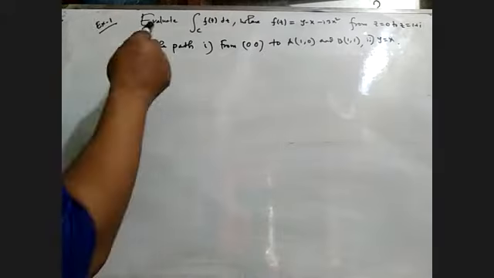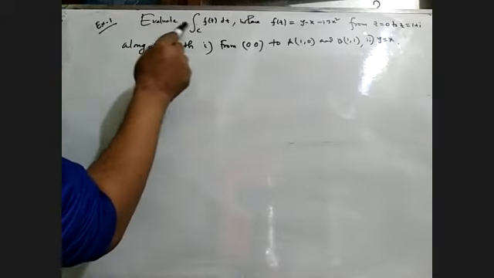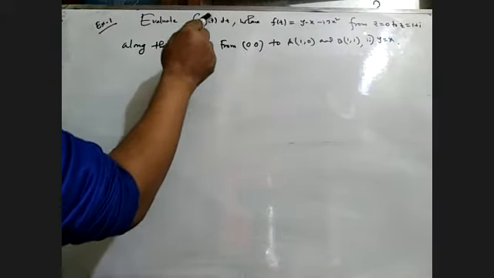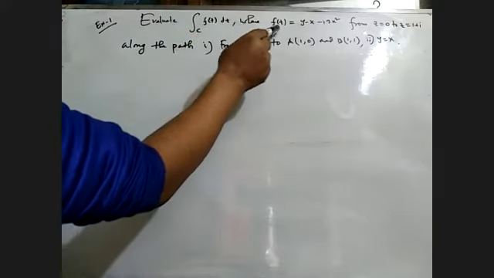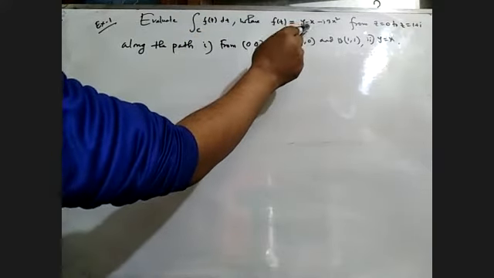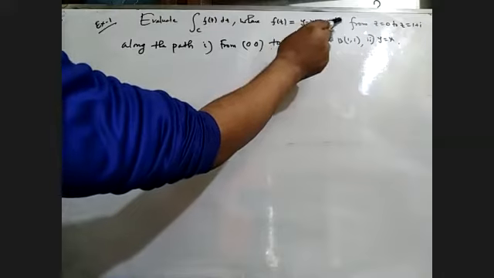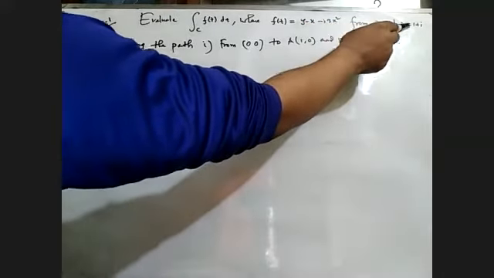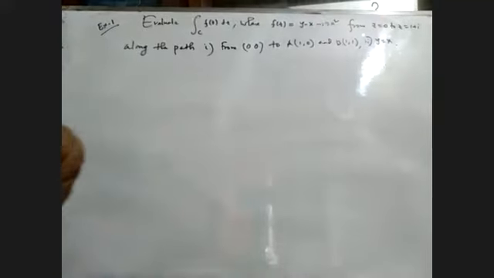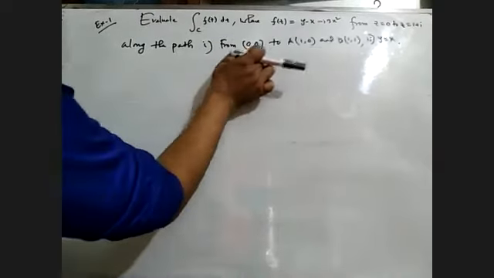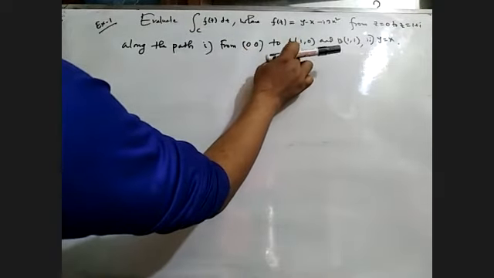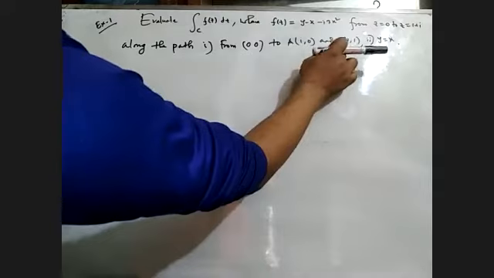Now the first example: evaluate the complex contour integration of f of z dz, where f of z is y minus x minus i 3x square, from z equals 0 to z equals 1 plus i along the path from 0 to point A (1, 0) and then point B (1, 1).